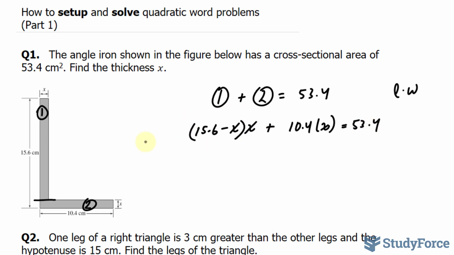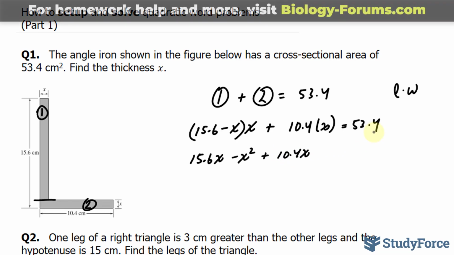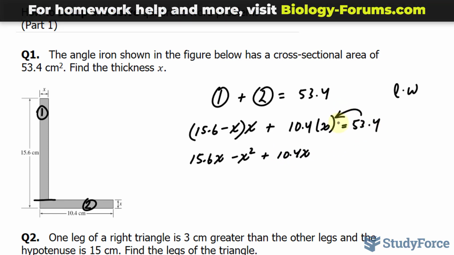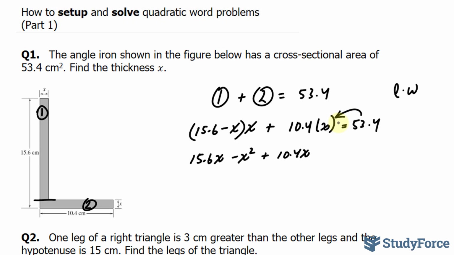Next, I'll expand this expression. We end up with 15.6x minus x squared plus 10.4x, and at the same time I'm going to bring this number over here because I want to solve for x. I need to set one of the sides equal to 0. So by bringing 53.4 over to the other side, it becomes negative 53.4 is equal to 0. And as you can tell, we have a quadratic equation.